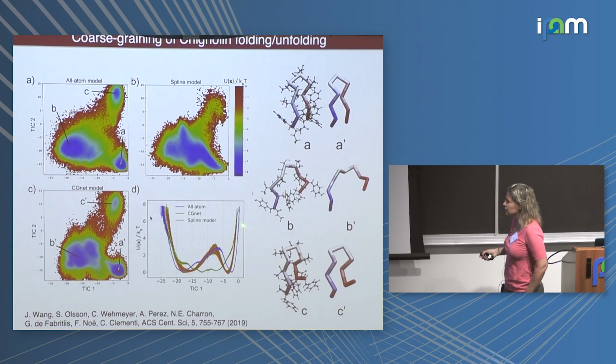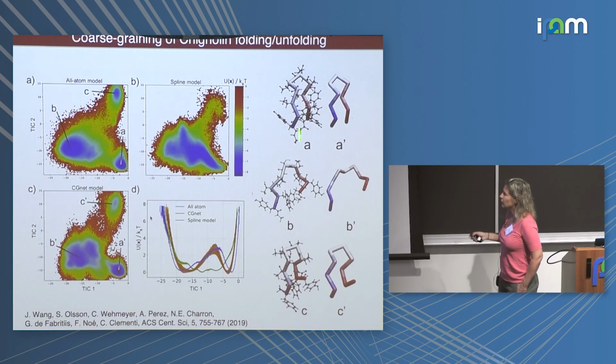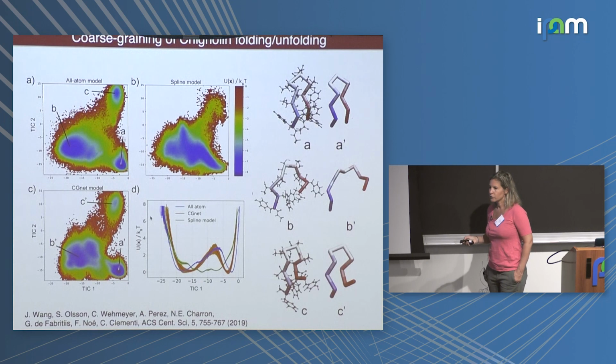And this is projected in 1D, basically in the folding-unfolding coordinate. And indeed, you find that the neural network potential finds the folding and unfolding minima, while the one without multi-body energy doesn't find anything. And again, if you take samples of structures from the three minima, they overlap very well with structures from the chignolin model.